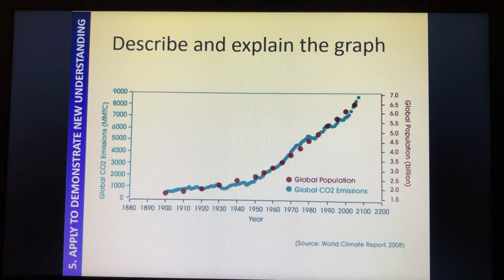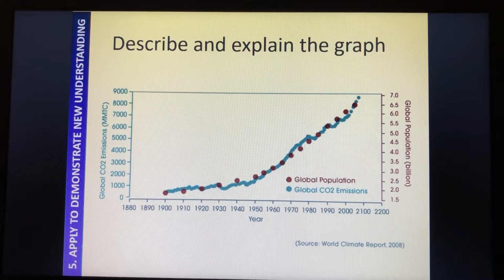Now, the explain part of the graph, we'll be talking about, okay, well, what happens when global populations increase? We've got more people, therefore more respiration. Respiration produces carbon dioxide, so that's going to be emitted into the atmosphere. We've got more cars, because if there's more people, there's more likely to be more cars.